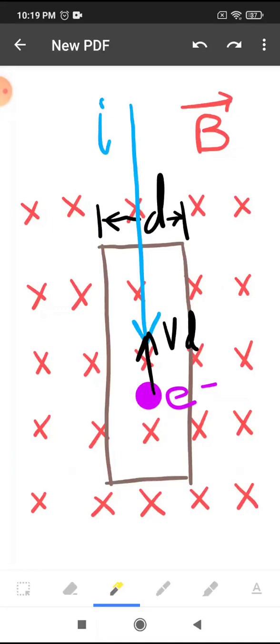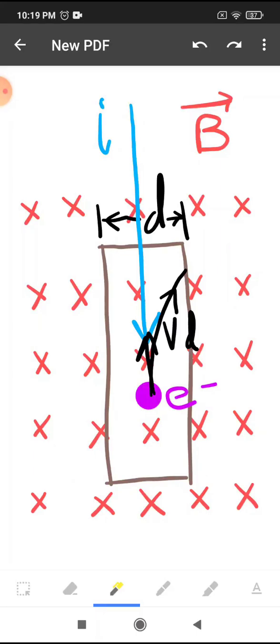What happens when this moving charge, an electron, interacts with a magnetic field B? It experiences a force determined by Fleming's left hand rule and gets deflected to the right side of this conductor along the path I have drawn. This was previously discussed, and this is exactly what was demonstrated by Edwin Hall when he was just a graduate student at some university.